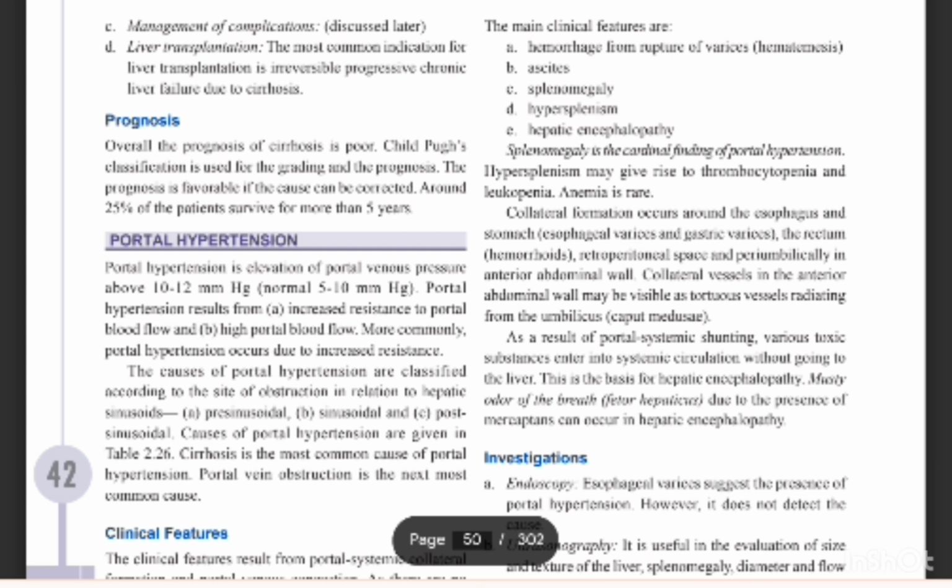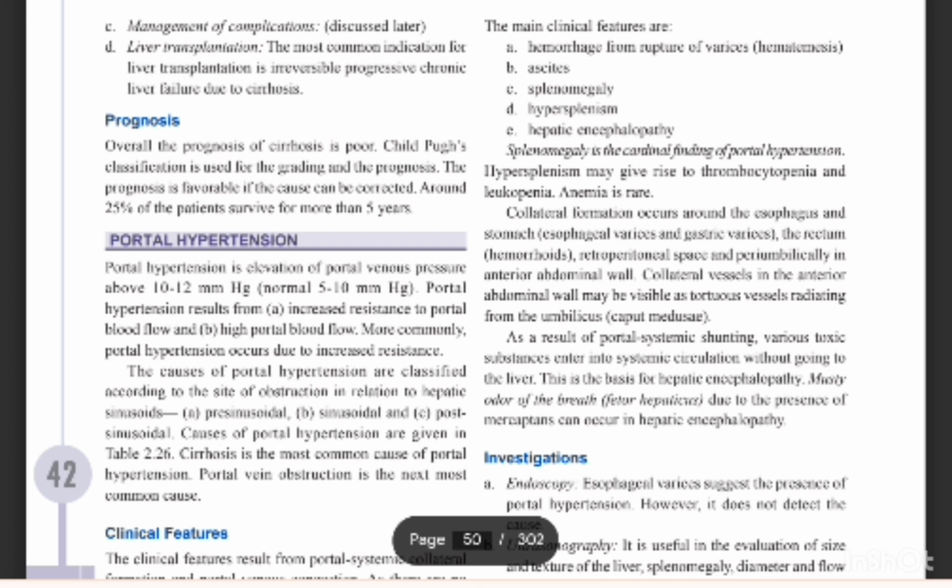Then ascites. You know what is ascites? It is fluid accumulation in the peritoneum. Then splenomegaly, hypersplenism, and hepatic encephalopathy are also there. So one has to remember these things. Splenomegaly is the cardinal finding of portal hypertension.